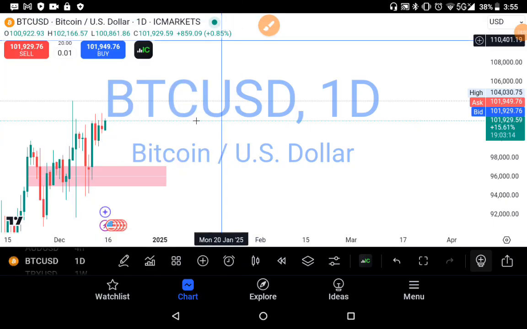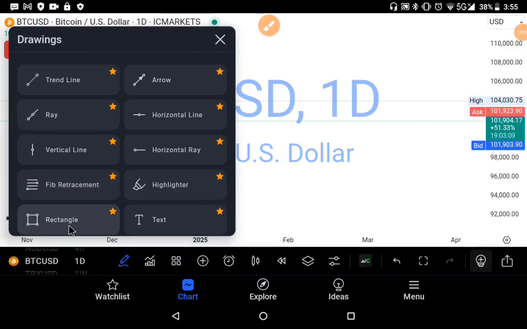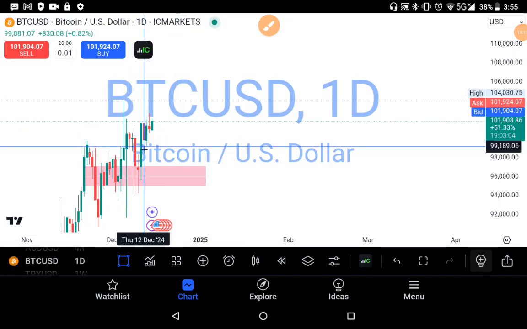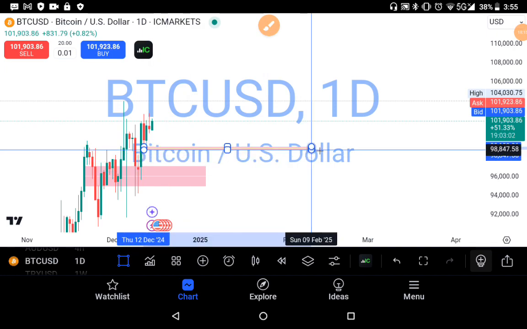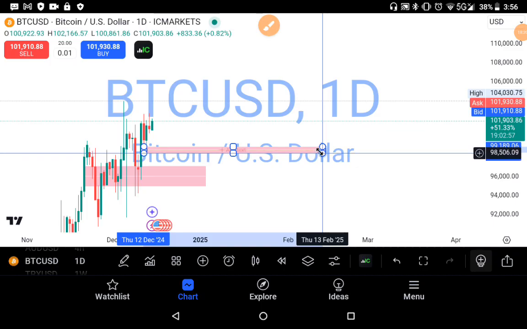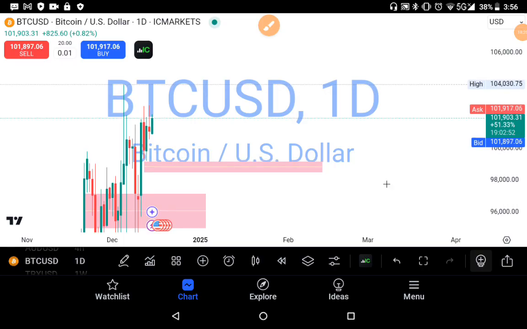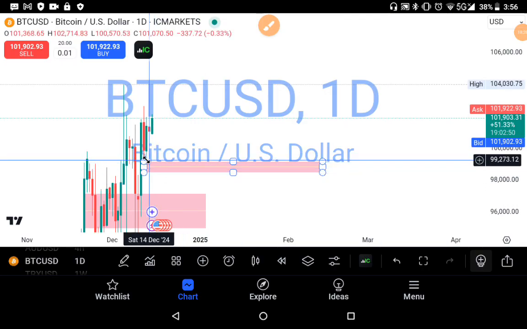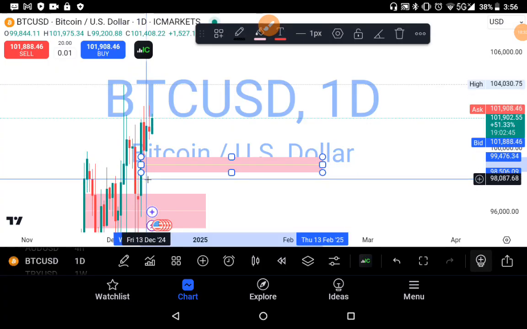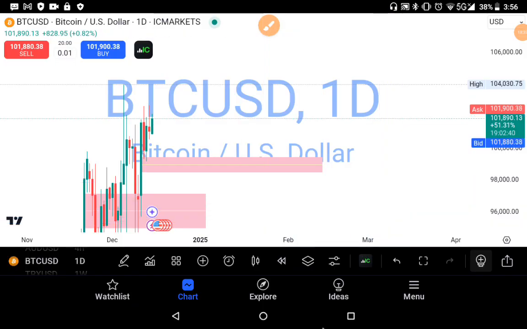I'll be expecting a movement into this if you are to come anyway down. I'll be interested in that. Oh, this is a BC, sorry. That is a reaction around 100,000.